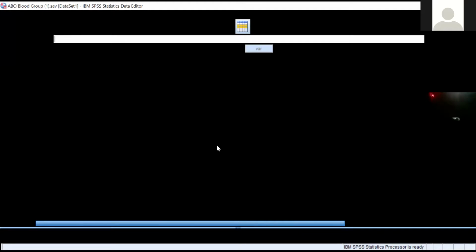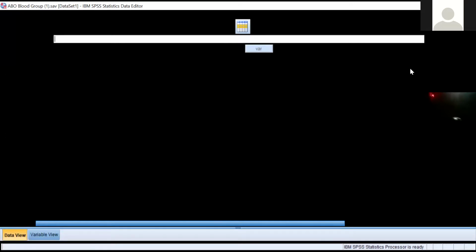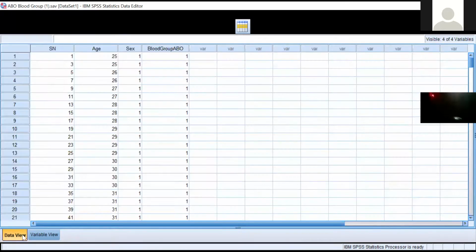Okay, so it's not opening. But what is it showing you there? Because we can't see. It's showing you the data set, right? Look at it now.